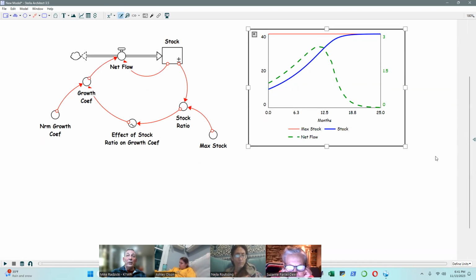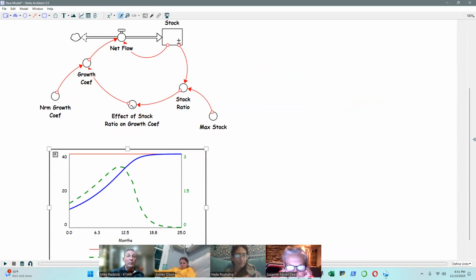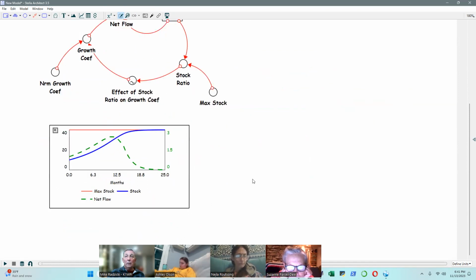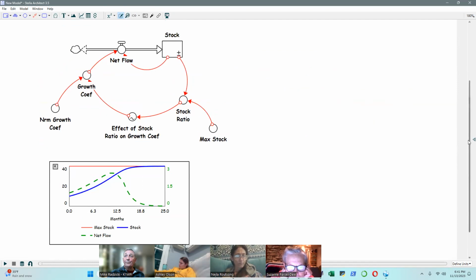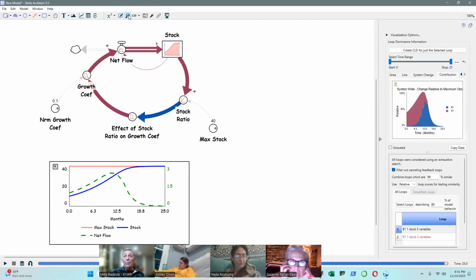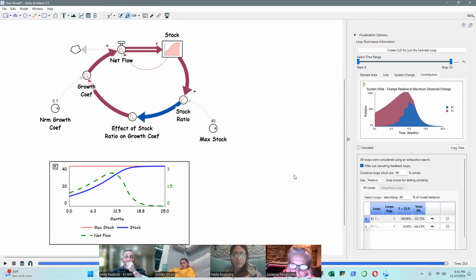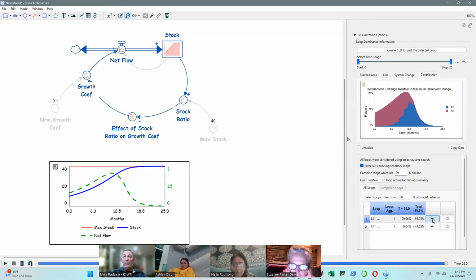Now, another thing we might note is if we have loops that matter turned on, you can see that the balancing loop at the end, the negative loop, is contributing the most to the behavior of the model.